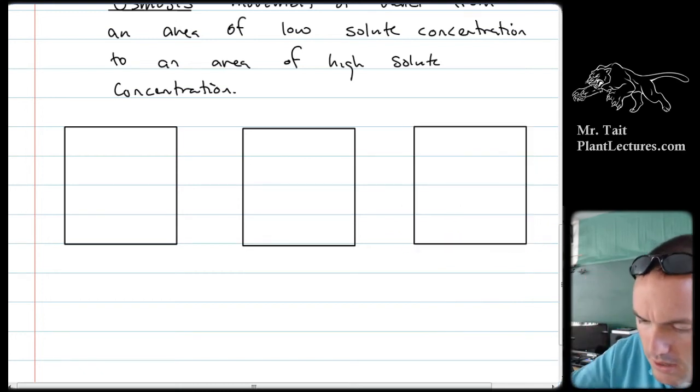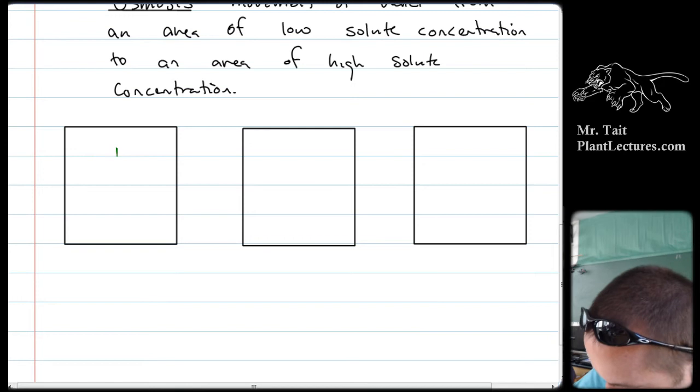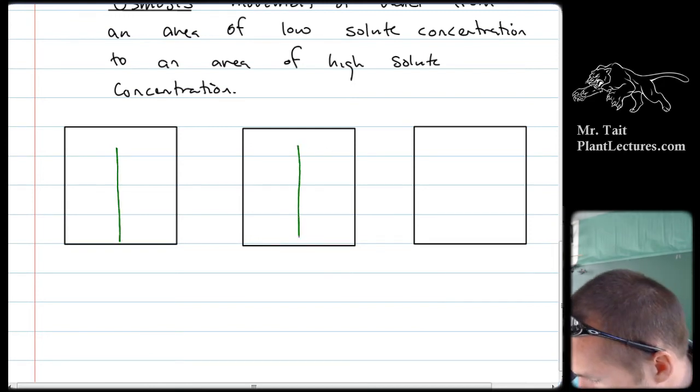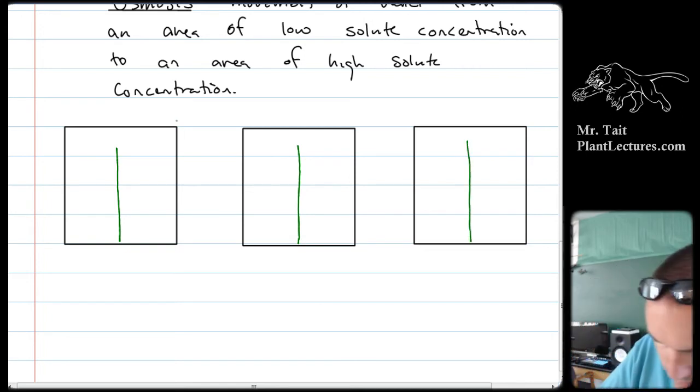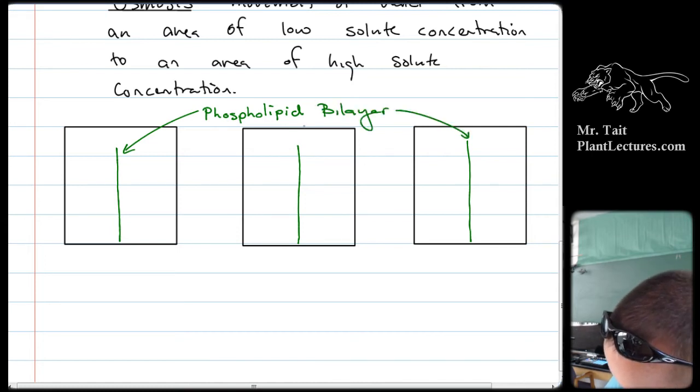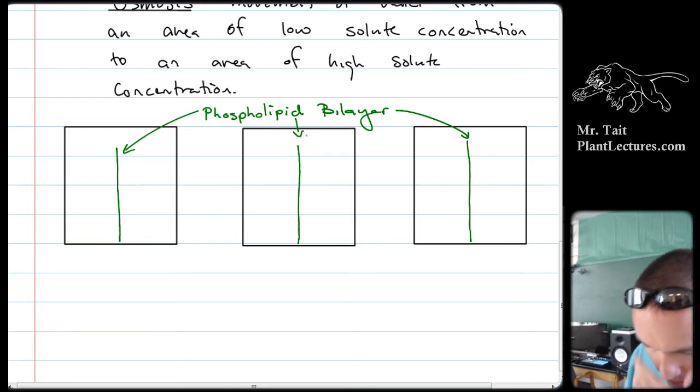In these beakers, they are going to be separated in the middle. There's a membrane in there. Let's say that membrane is similar in its properties to a phospholipid bilayer.